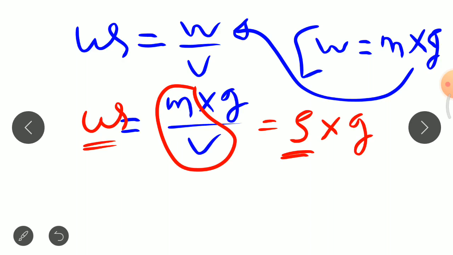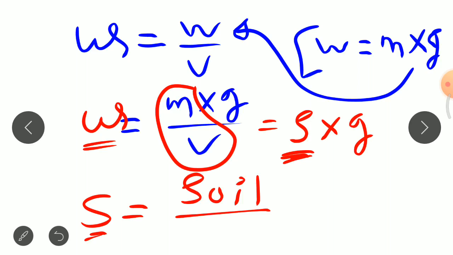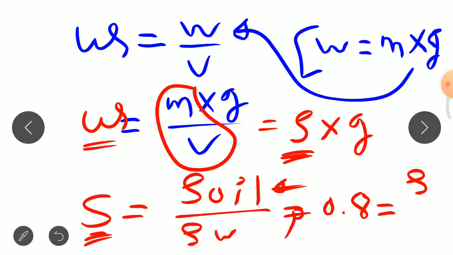Now we need rho of oil here, and by using specific gravity we can easily find rho of oil. Here the formula for specific gravity is rho of oil divided by rho of water is equal to 0.8, that is the value of S is equal to rho of oil divided by rho of pure water, which is 1000.